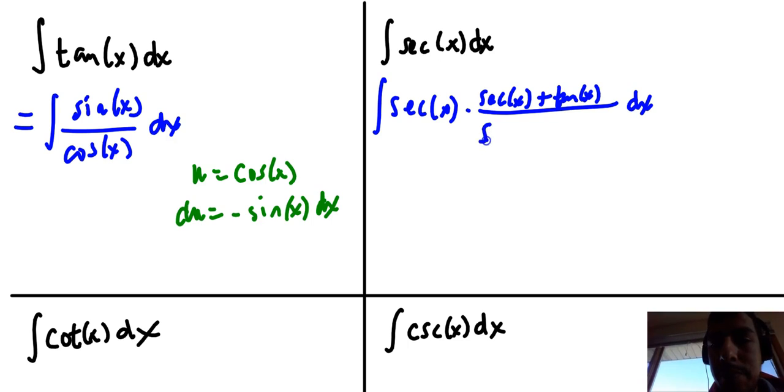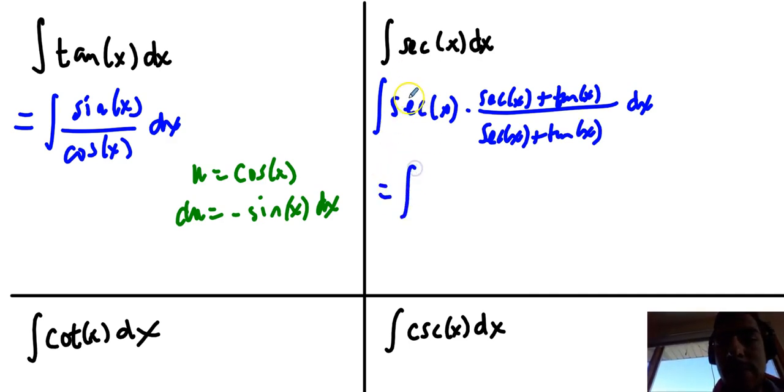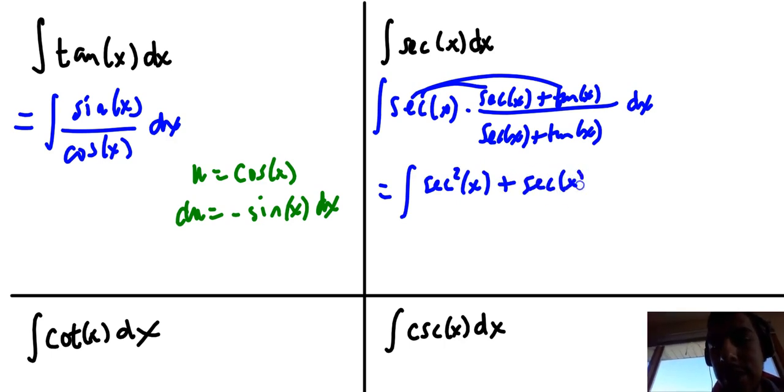But anyway, we'll multiply by secant x plus tan x, top and bottom, and let's rewrite and see what happens here. Now we get the integral of, if I distribute this secant x to both parts, secant squared x plus secant x tan x, and the denominator is staying the same.